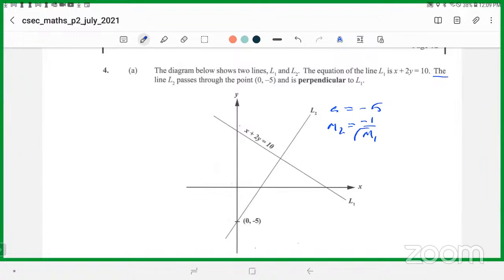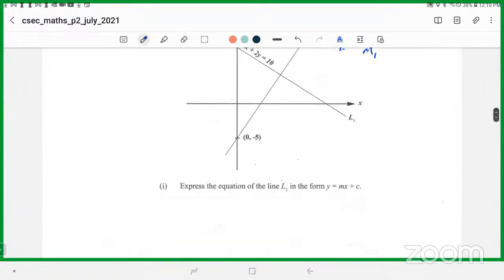So we just need to find the gradient of line 1, and we can get it from the equation by putting the equation in the form y equals mx plus c. All right, and get the gradient of line 1, and then we will know the gradient of line 2 by flipping the line 1 gradient and changing the sign. But let's answer the questions as they've asked.